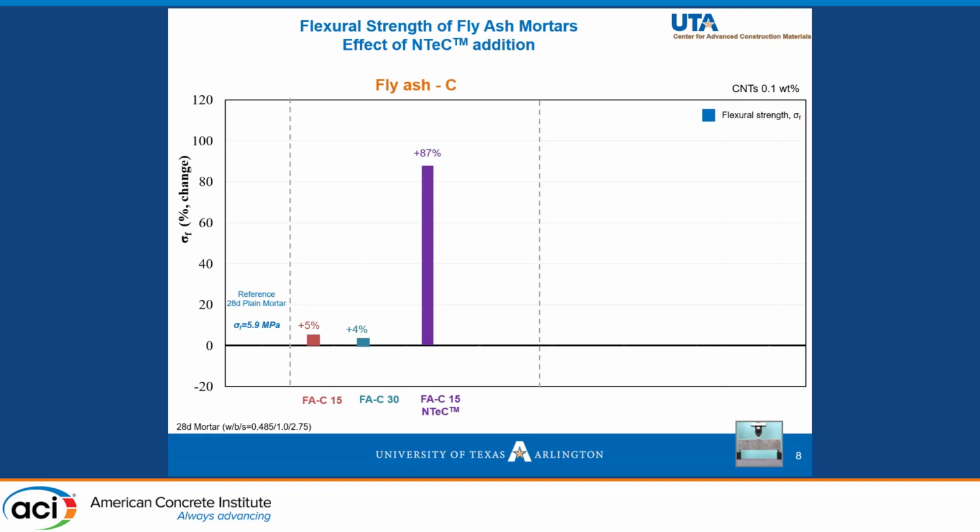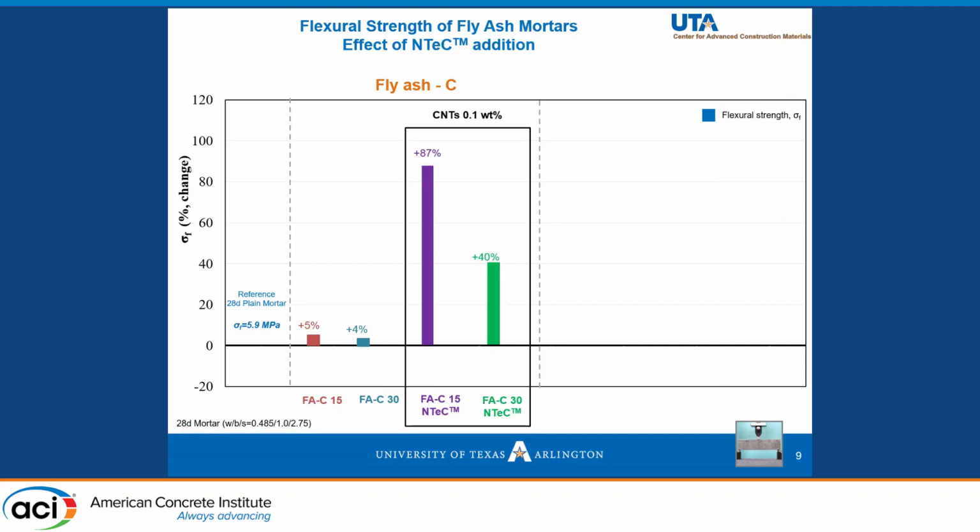When NTEC C was used for the fly ash C mixes, a really big increase of 87% was observed for the fly ash CNT mortars.